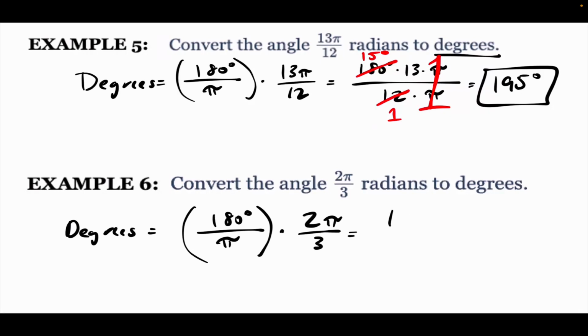I get 180 degrees times 2 times pi, and then I get 3 times pi on the bottom. Okay.